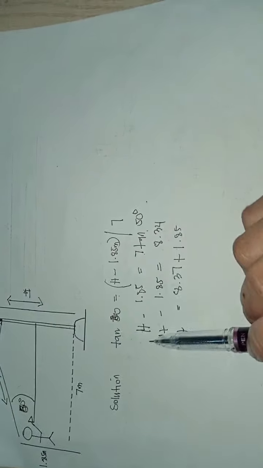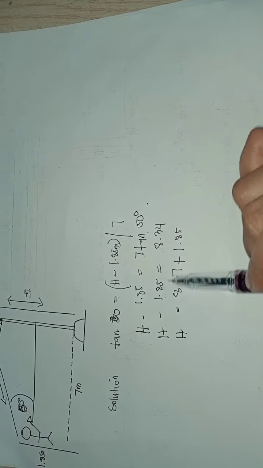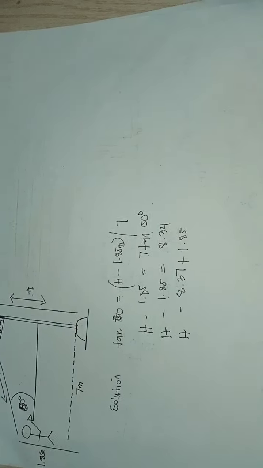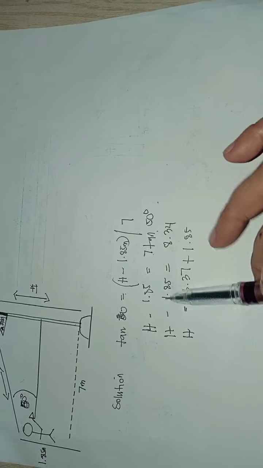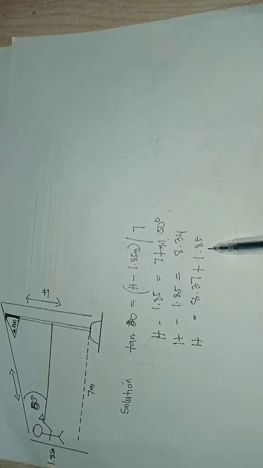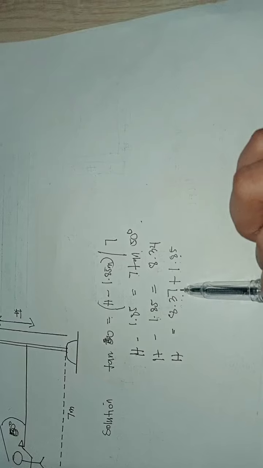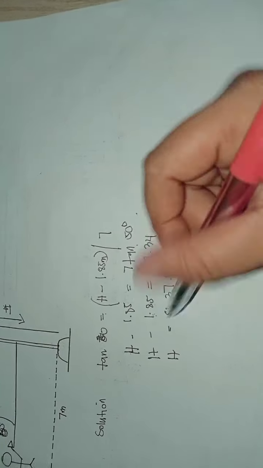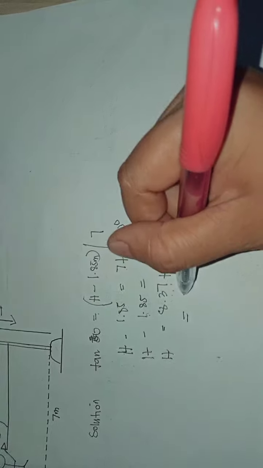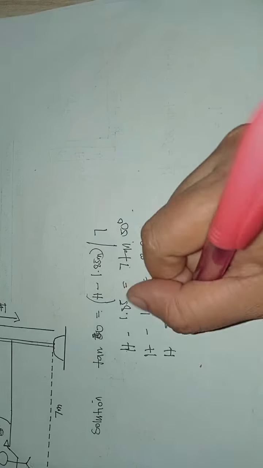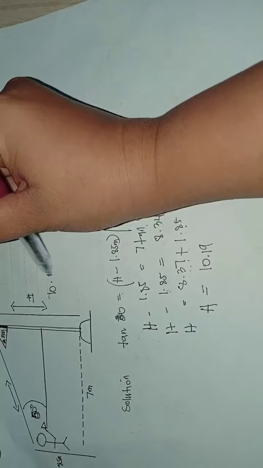We need to transpose the 1.85 into positive because the sign is negative. When we transpose the 1.85, the sign changes, so that is positive. Adding 8.37 plus 1.85 gives 10.19. Our height of the flagpole is 10.19.